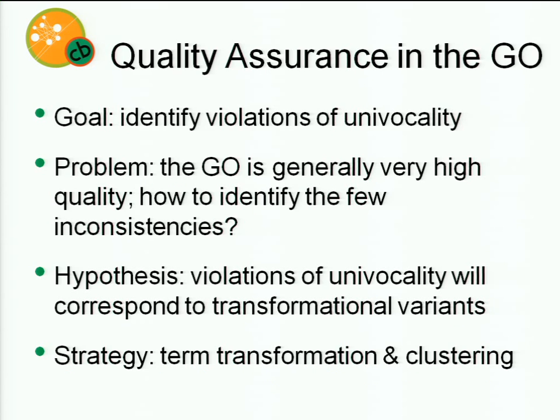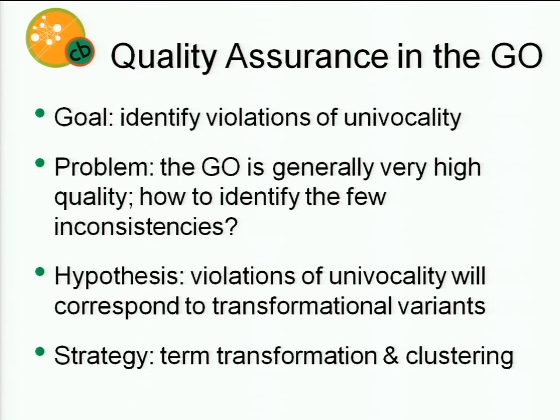So how do you go about trying to find these cases of univocality violations, these inconsistencies, when you have over 27,000 terms? If you start going through it pairwise, you're going to have over 700 million combinations to look at. That's not a fun job. I don't think anybody wants to do that, unless there's some volunteers in the audience. And so, in fact, we need some computational tools to help us work through that.